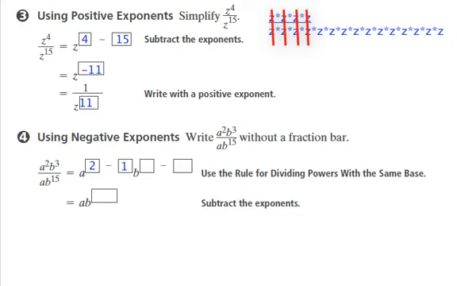For the b's, we're going to have b to the 3rd minus 15. Well, a to the 2nd minus 1 would be just a, because 2 minus 1 is 1. So that's just a. B to the 3rd minus 15 would be negative 12. So our final answer is a b to the negative 12.